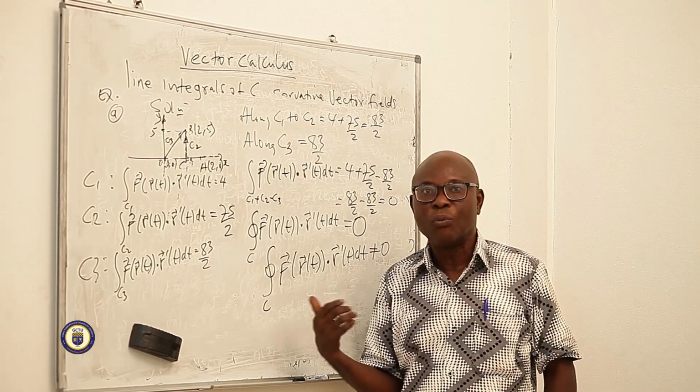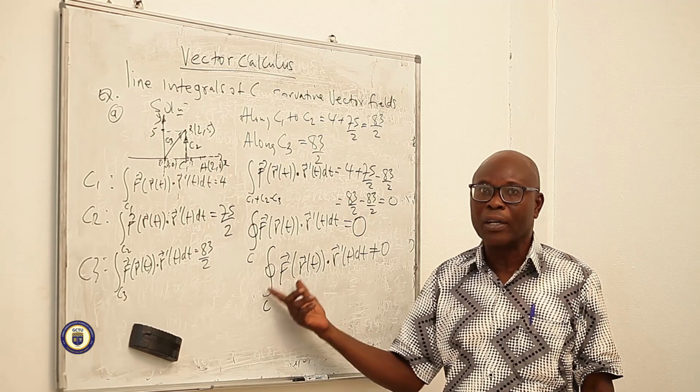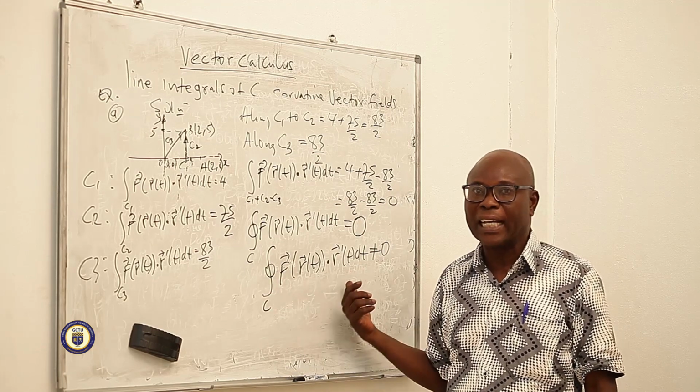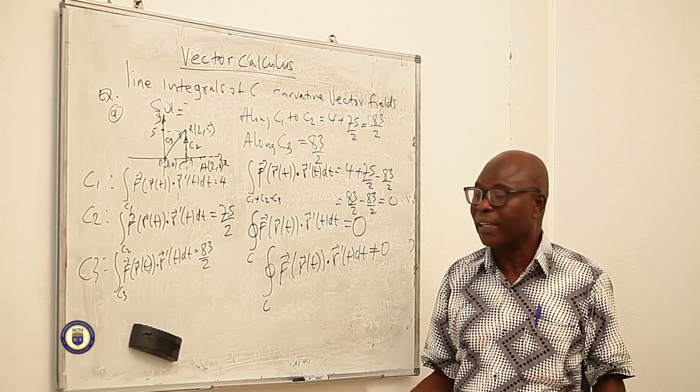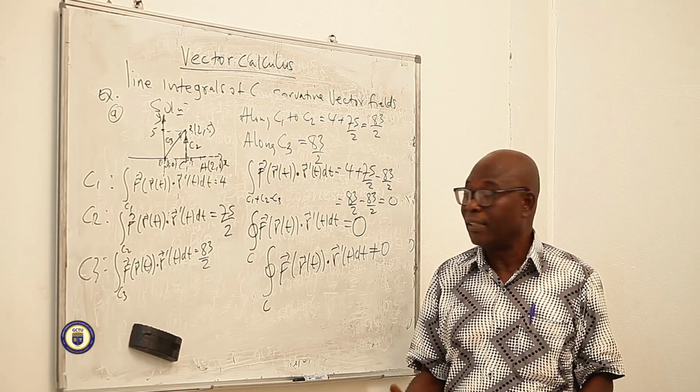In this case, when you do the line integral along a closed path and the answer is not 0, then it means that F is not a conservative vector field.